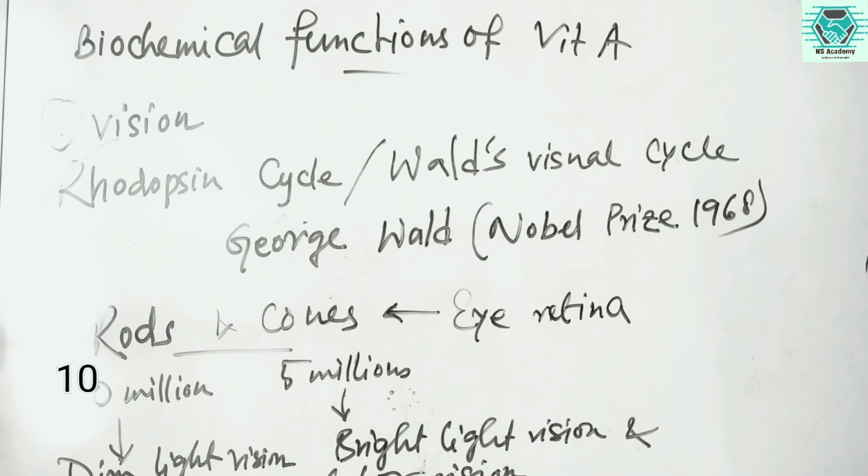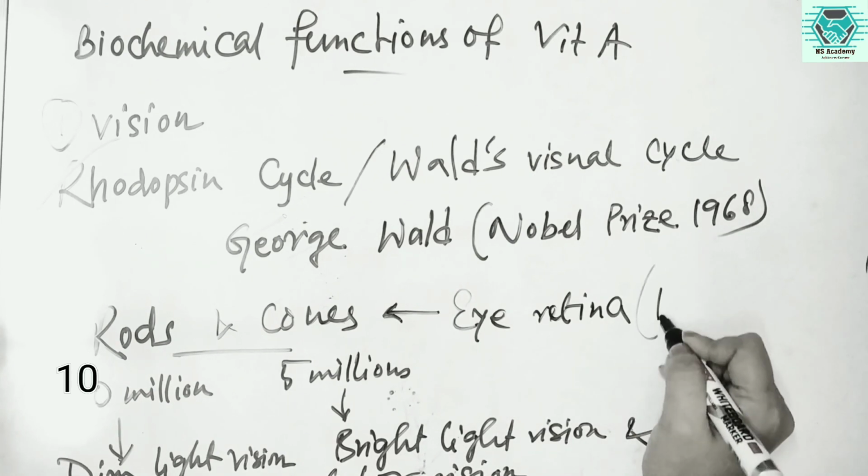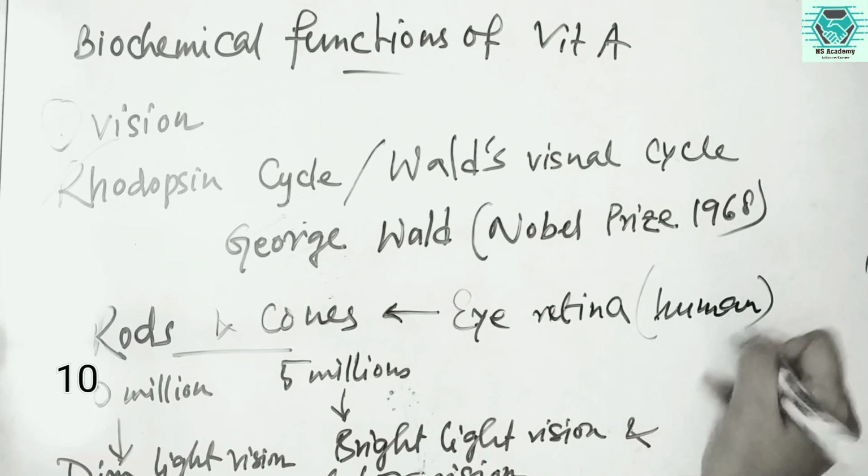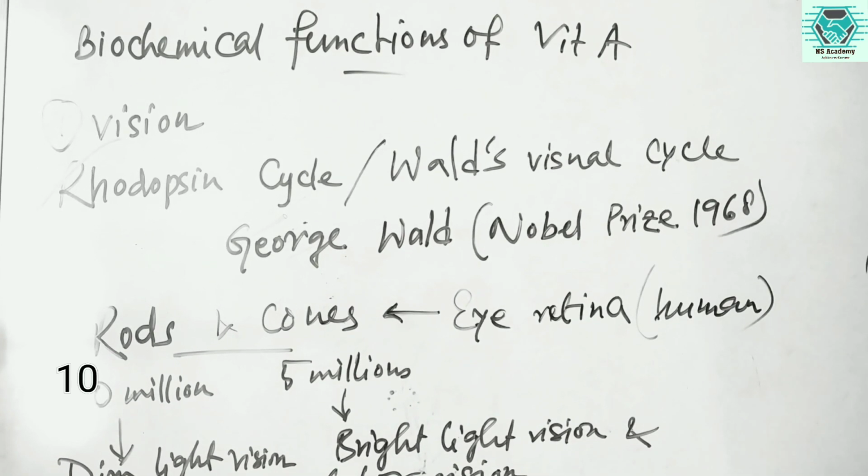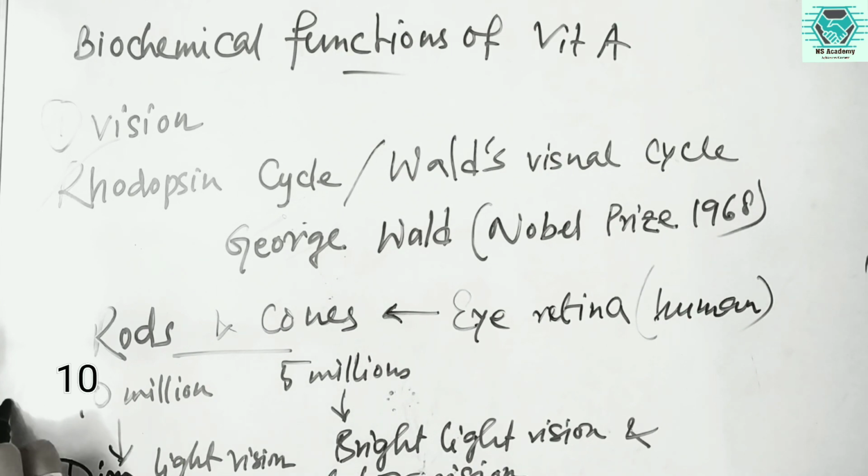Animals like owls and cats, for which night vision is more important, possess mostly rods. So in the human eye we have about 10 million rods and about 5 million cones, the rods responsible for dim light vision and the cones for bright light as well as color vision.